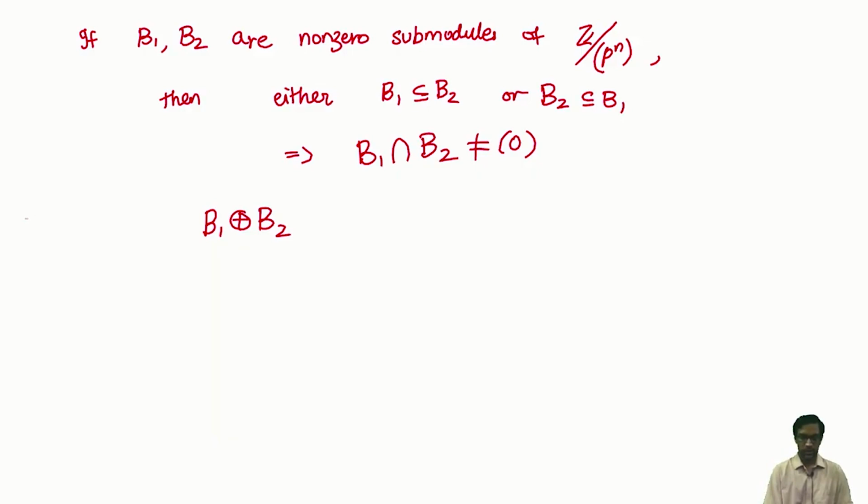So this automatically proves that it doesn't make sense to say that my whole module is their internal direct sum at all. Okay, so this again demonstrates the utility of trying to understand submodules of a quotient in terms of submodules of the ambient module.